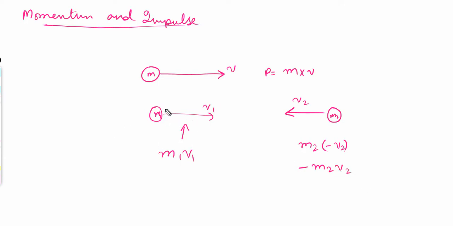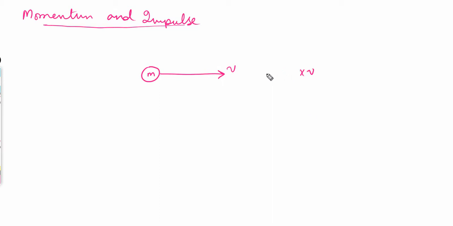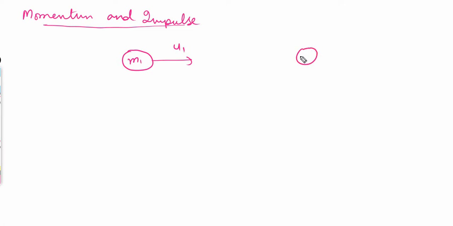Alright, after this, let's discuss momentum in a collision. Let's suppose we have two objects. This is m1 and it is moving to the right with a velocity of u1. There's another object, m2, moving to the left with a velocity of u2.